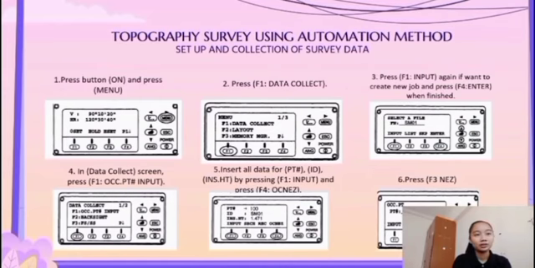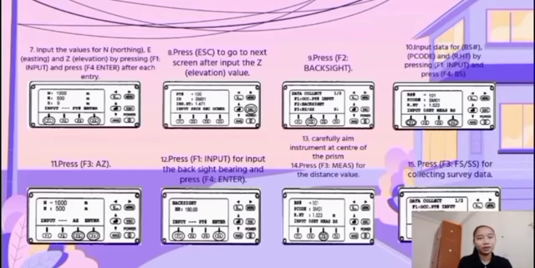6. Press F3 and EZ. 7. Input the values for N, E, and Z elevation by pressing F1 input and press F4 enter after each entry. 8. Press ESC to go to the next screen after inputting the Z elevation value. 9.